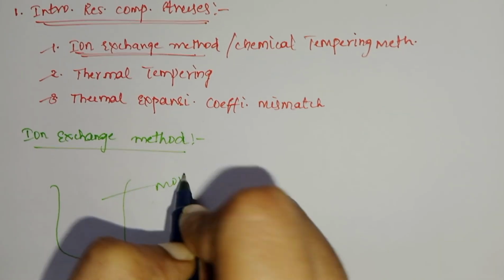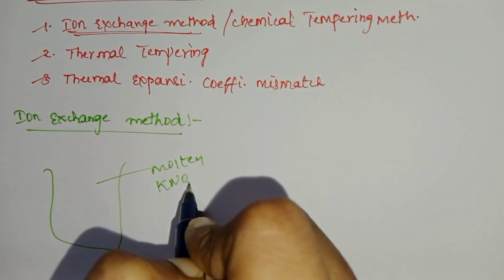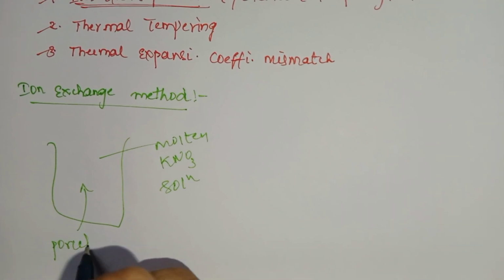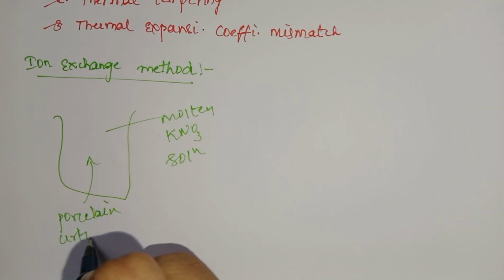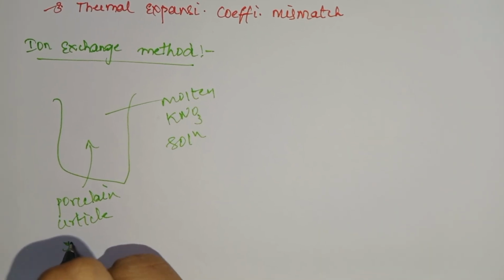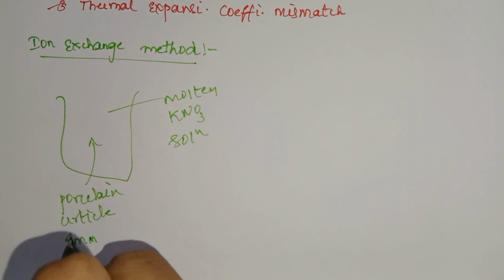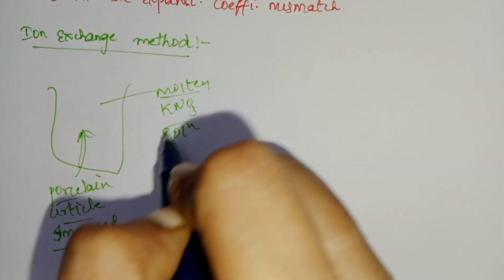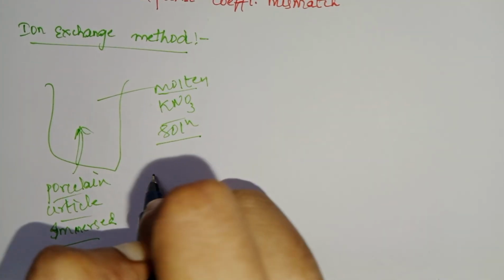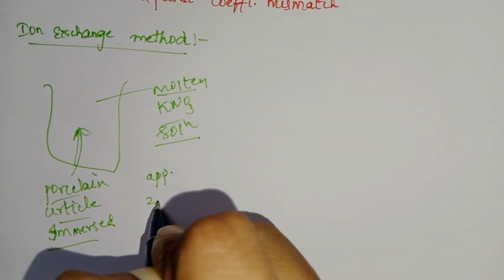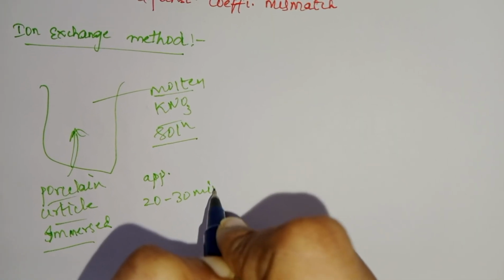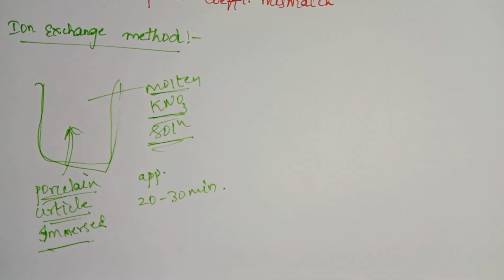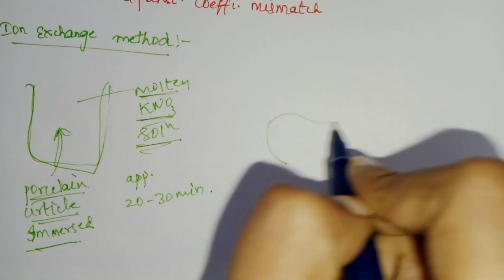The porcelain article is immersed in this molten potassium nitrate solution for a few minutes, approximately 20 to 30 minutes. So let's see what happens.